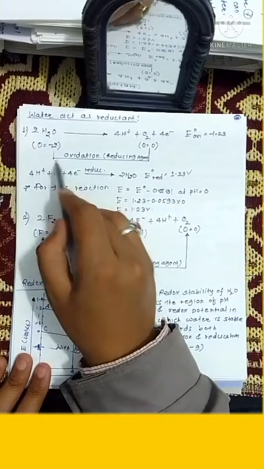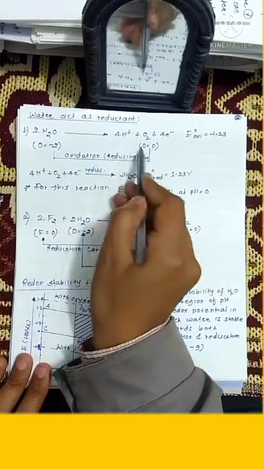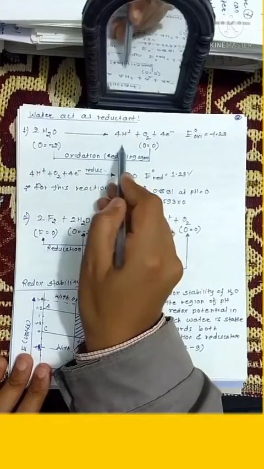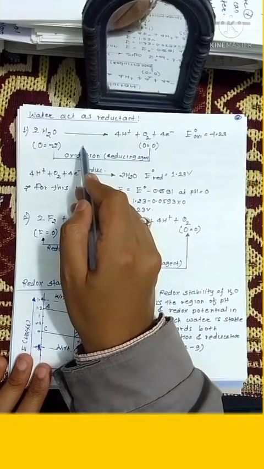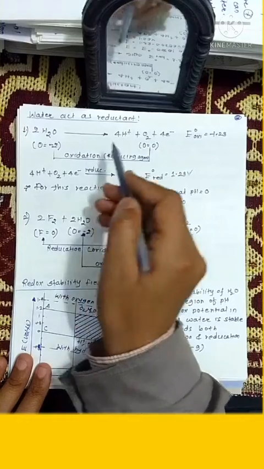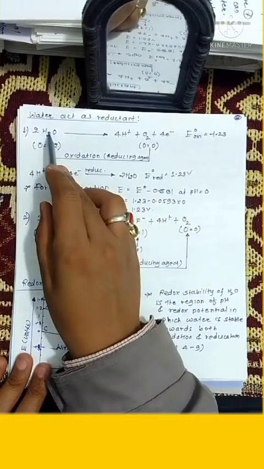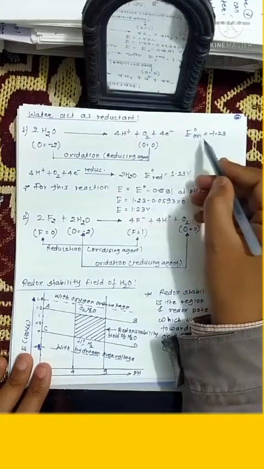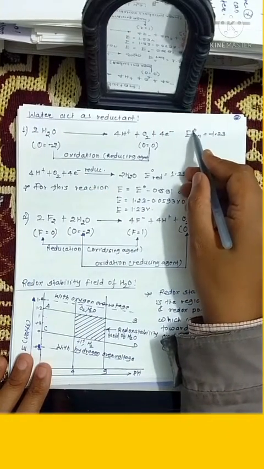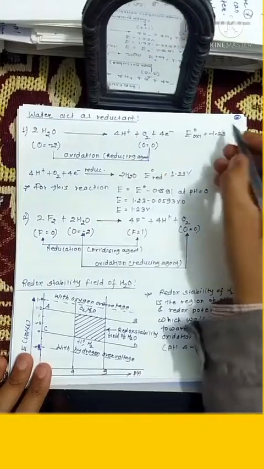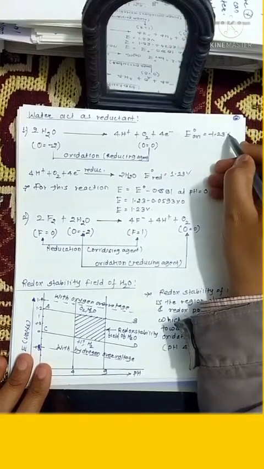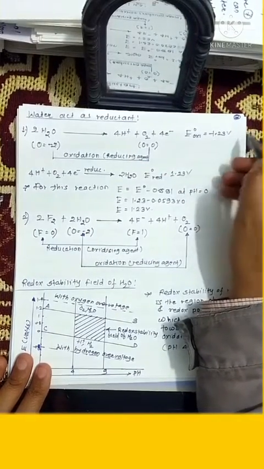It happens due to the loss of electrons, and loss of electron is simply known as oxidation, and in this case water is known as a reducing agent. The standard oxidation potential for this reaction is -1.23 volt.